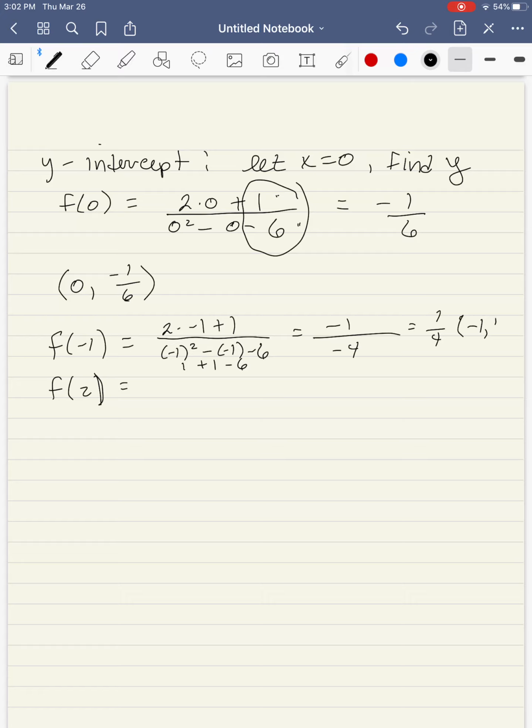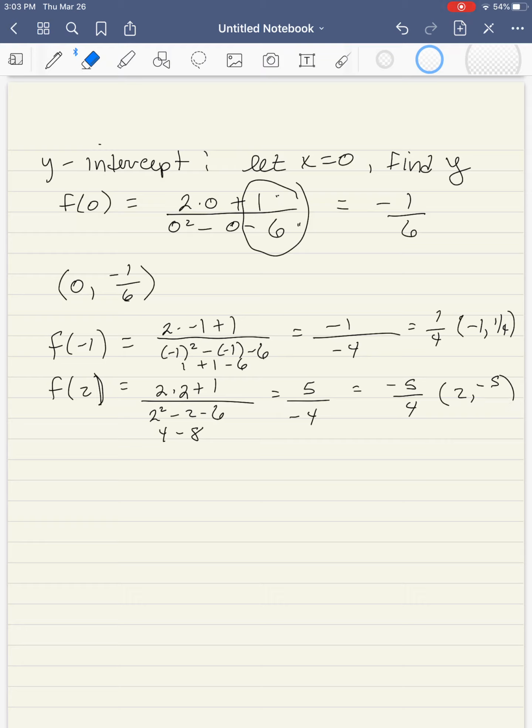So for this one, I have the ordered pair -1, 1/4. And for this one, I have -5/4, so I have the ordered pair 2, -5/4. All right, let me fix that. That's hard to read. All right, let me go back and plot each of those.